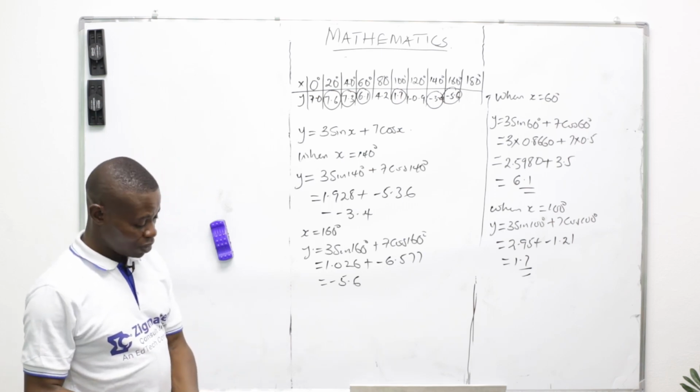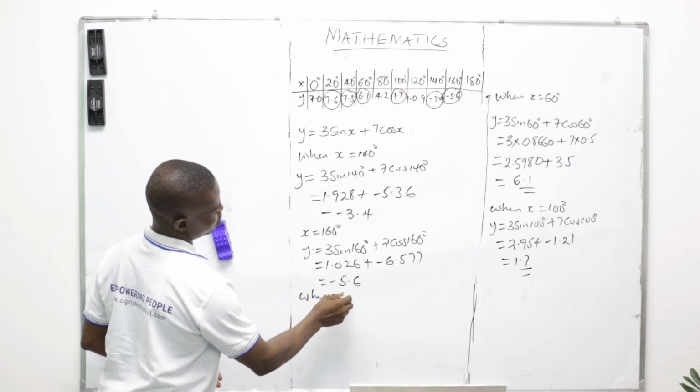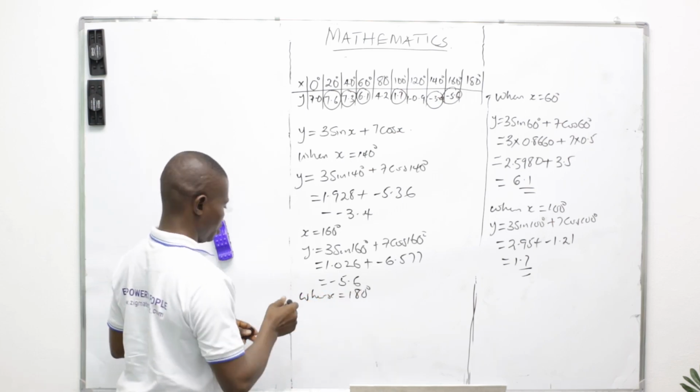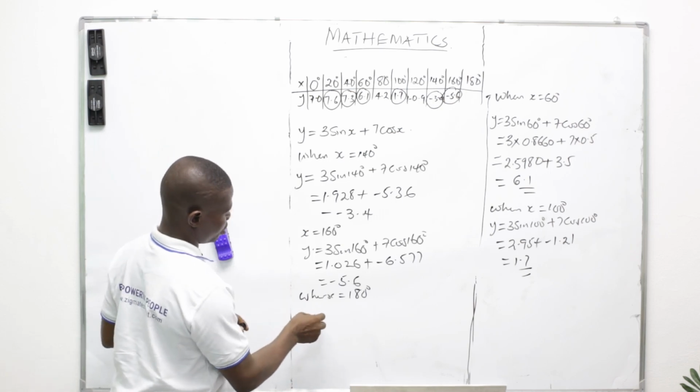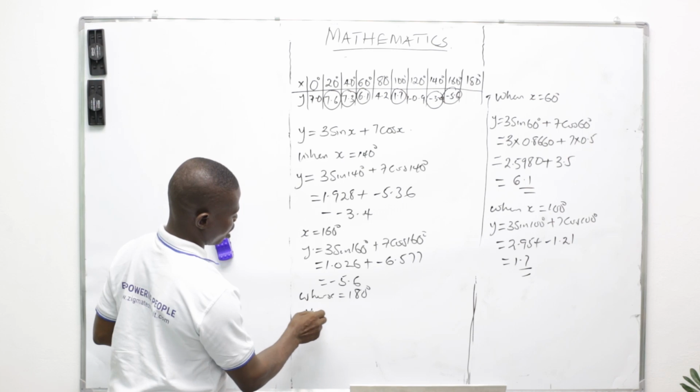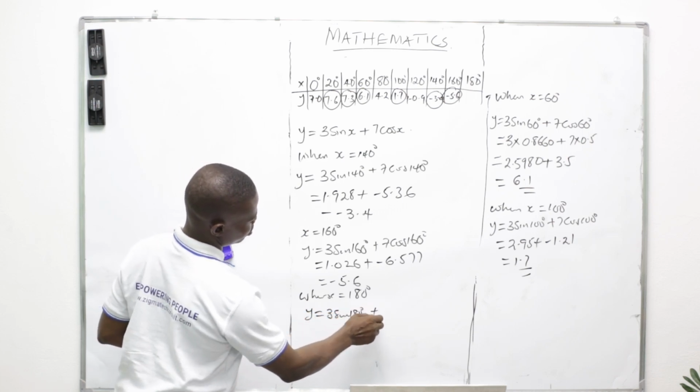Then for 180 degree, when x equals 180 degree, its angle is known, so y equals 3 sine 180 degree plus 7 cos 180 degree.